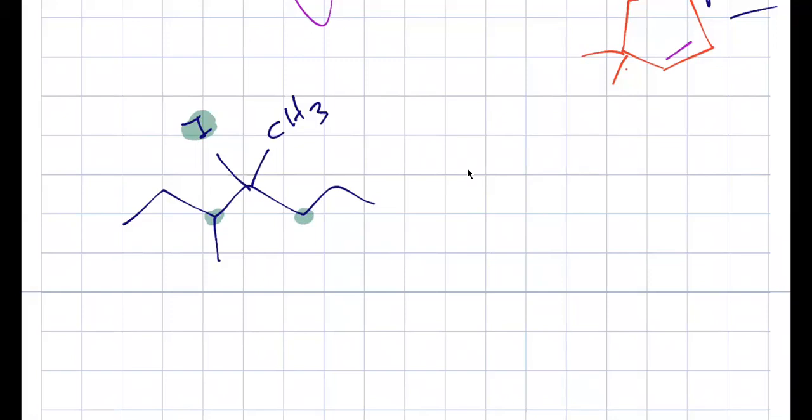Let me make that a different color. So that's the carbon where my leaving group is, right? So you have those 2 positions, and you have this carbon right here. Even though it looks kind of weird how it's drawn, that's still alpha. All right, so that means that I'm going to get 3 products.